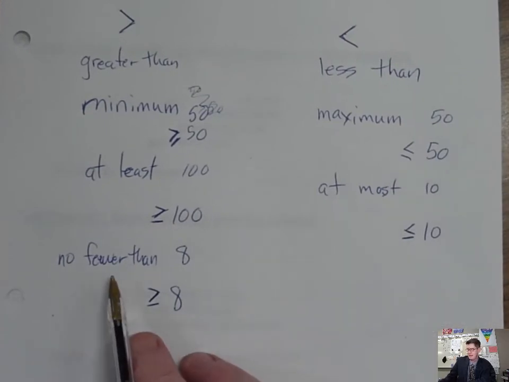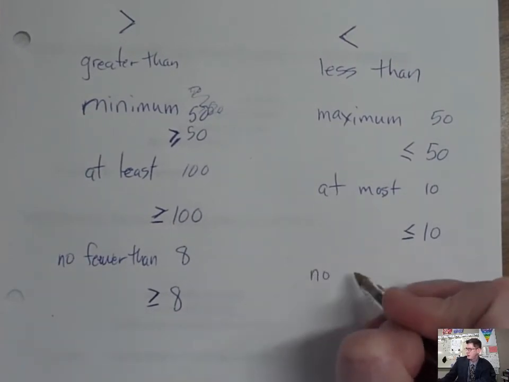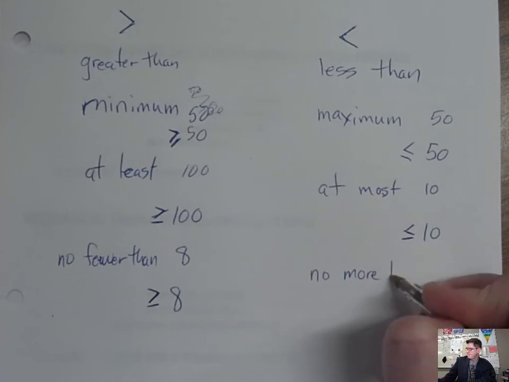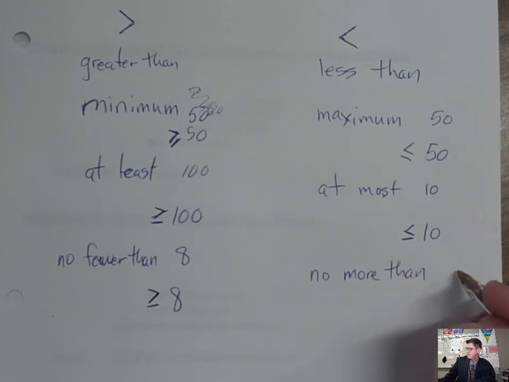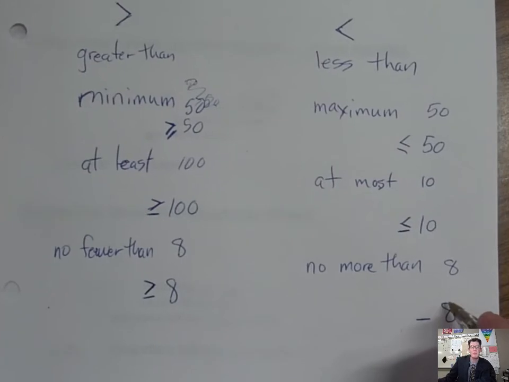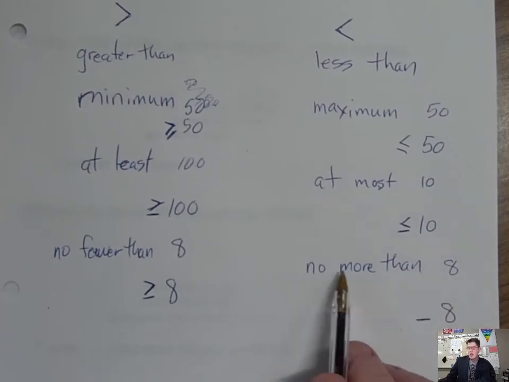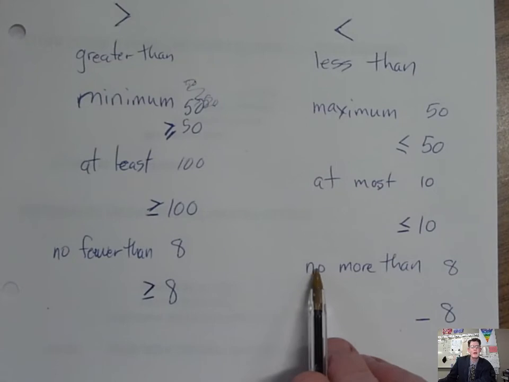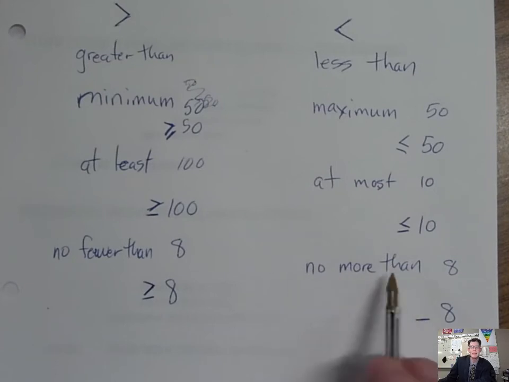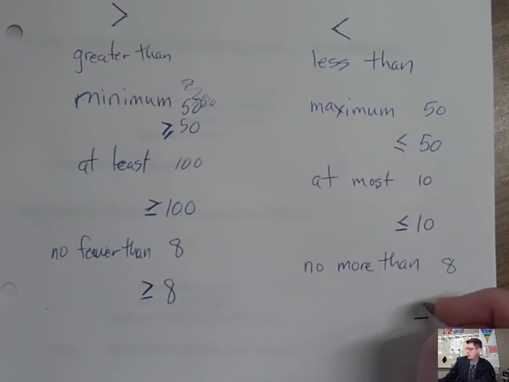And finally, the opposite of no fewer is no more than. No more than 8. It could be 8. It's not going to be more than that. If it's no more than, just don't use the more than sign. I'm going to use the less than.